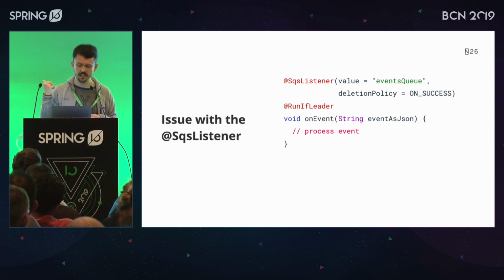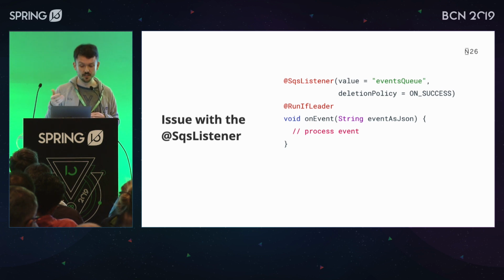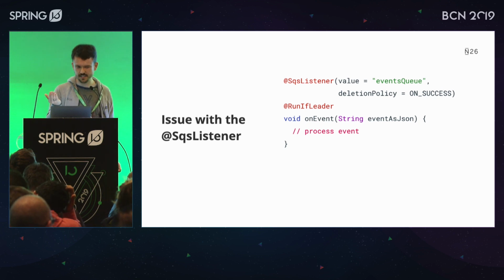So that's pretty inefficient. And at the beginning, people were not that sure what was happening, because what could be wrong using some annotations, right? But actually it looks like the order of the annotations probably should be different, and you should never read something from an SQS if you are not a leader, because it doesn't make any sense to even try reading something from the SQS if you are not a leader.